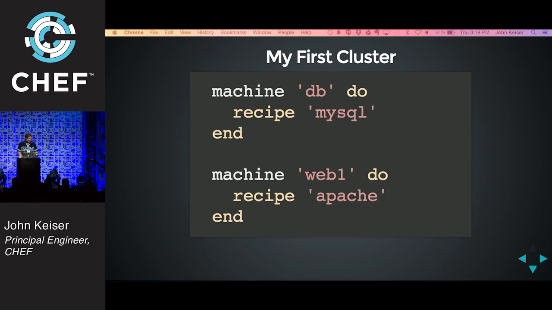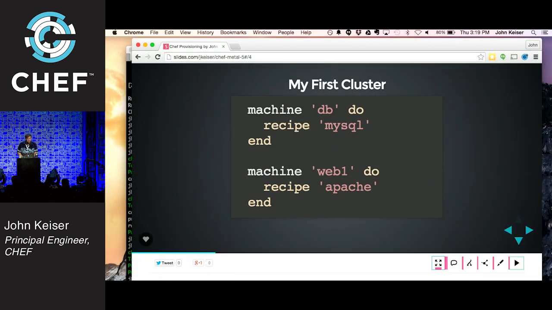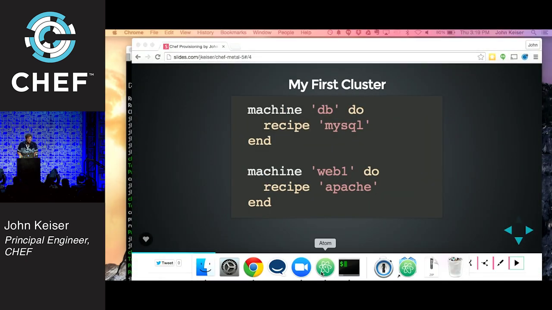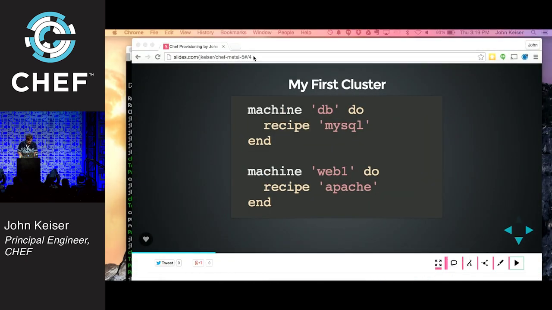So the basic workflow for how to use Chef provisioning is that I'm going to bring up, let's take that thing down if I can, and bring up our Atom instance.